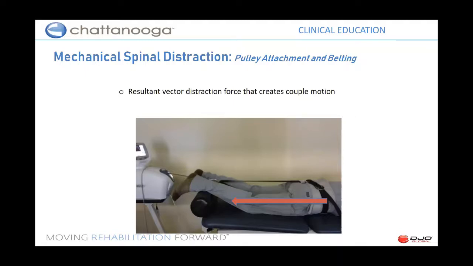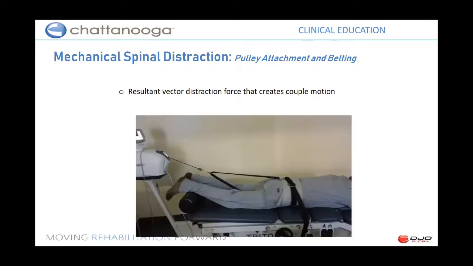So flexion distraction is in there, decompression is in there, traction is in there. But when we look at decompression, specifically that primary vector is going to be axial. And then because of what we have available to us, when we look at the system and the way it's designed, right?